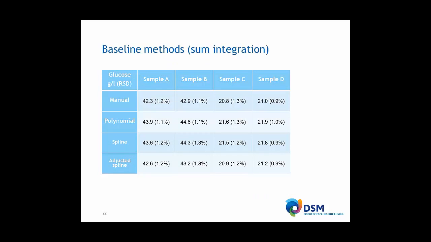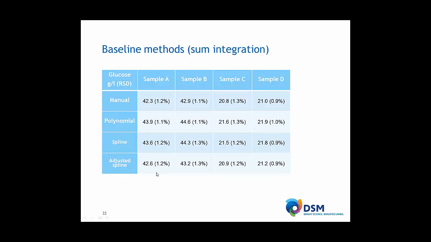Okay, so comparing these baseline methods, you can see that the variation is more or less the same in all conditions. However, the absolute quantity differs a little bit.